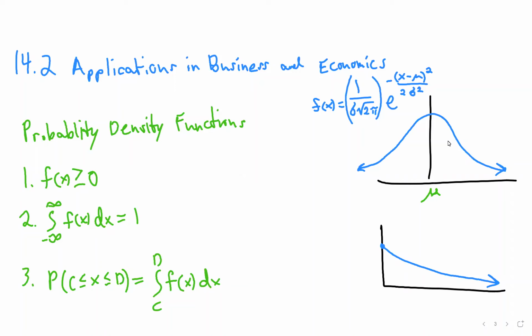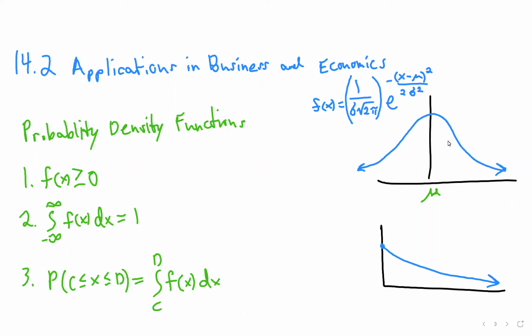And then the third condition is that the probability of having a particular entry in a range would be the integral over that interval of the domain of f, from c to d in this case, of f of x dx.